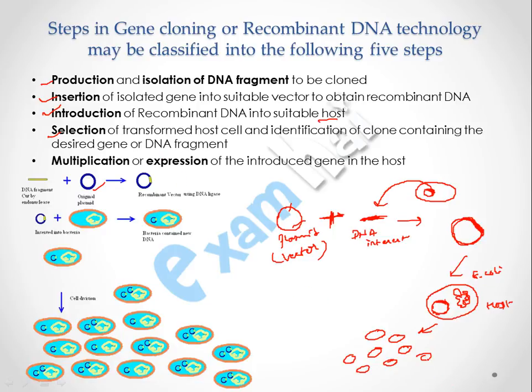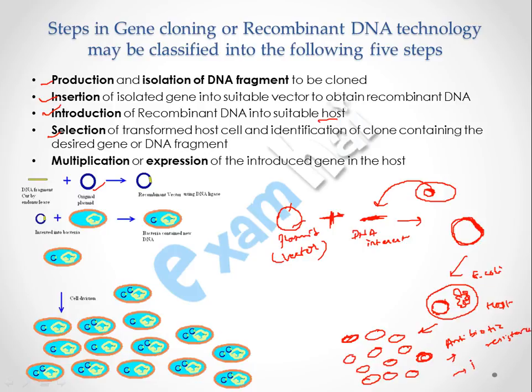In all these progenies, not all of them have the recombinant DNA. Many of them will have the recombinant DNA, many of them would not. So some selection procedure is done, like antibiotic resistance. This we will discuss later. This is a brief introduction.